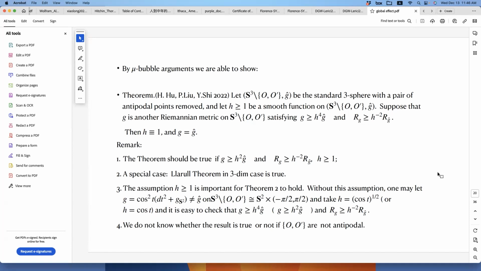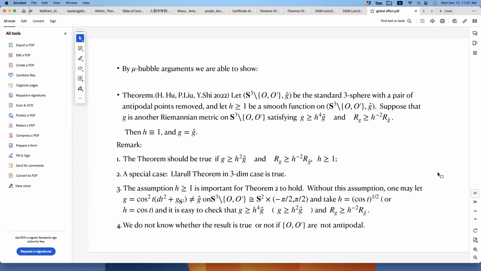Now, the third remark is that the assumption that H is bigger than 1 cannot be removed. Otherwise, we will have a counterexample, as I state right here. The last remark is that we do not know whether the result is true or not if O and O prime are not antipodal.